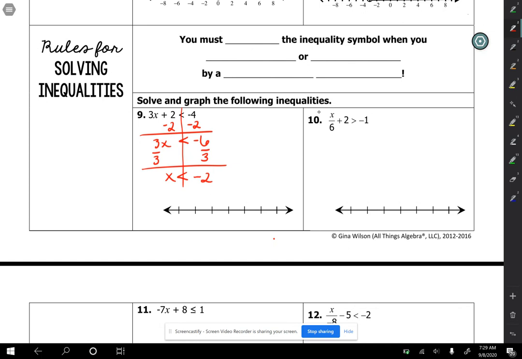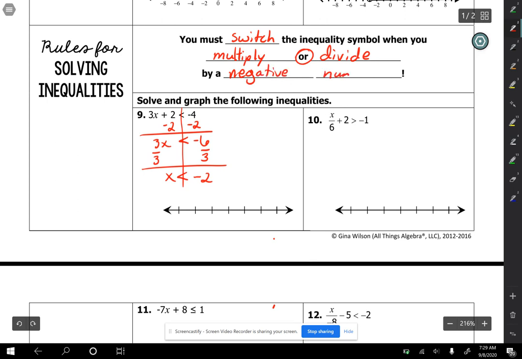But up here, I'm going to go back to this for a second. You must switch the inequality symbol when you multiply or divide by a negative number.